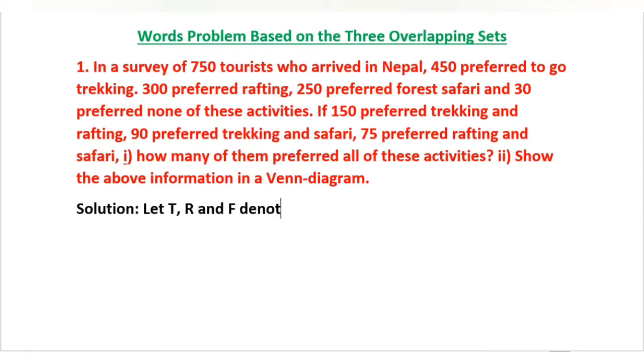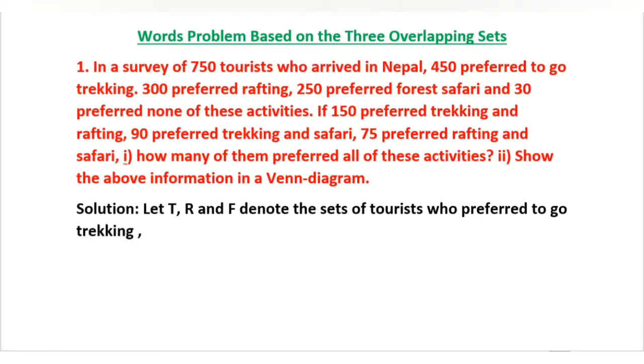And the number of sets of tourists who prefer to go trekking, rafting and safari respectively. Then we need to write down the data.